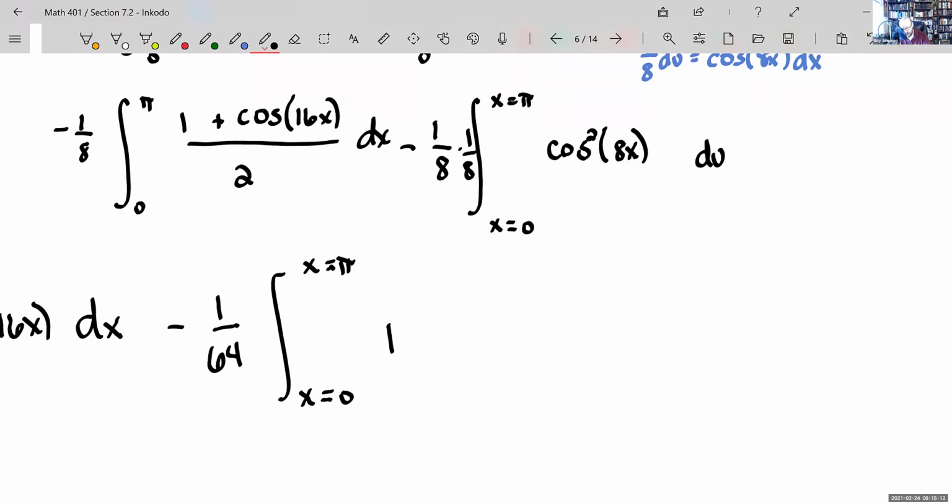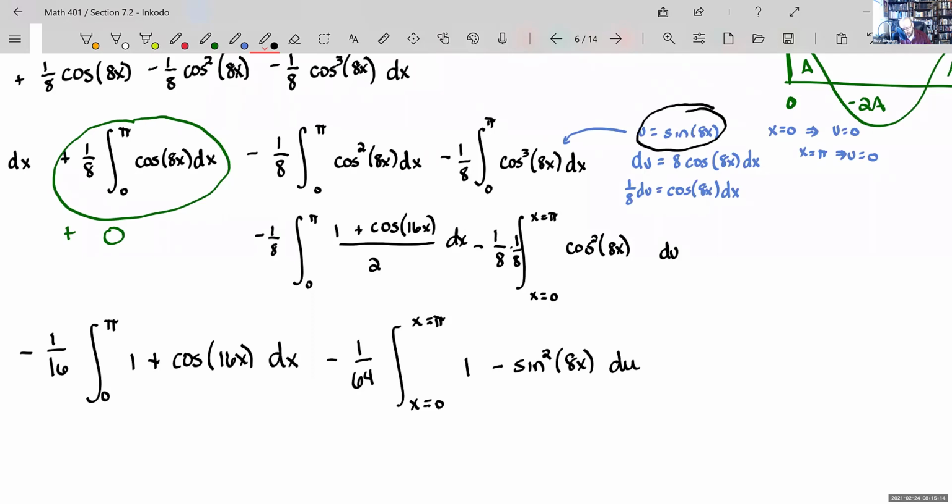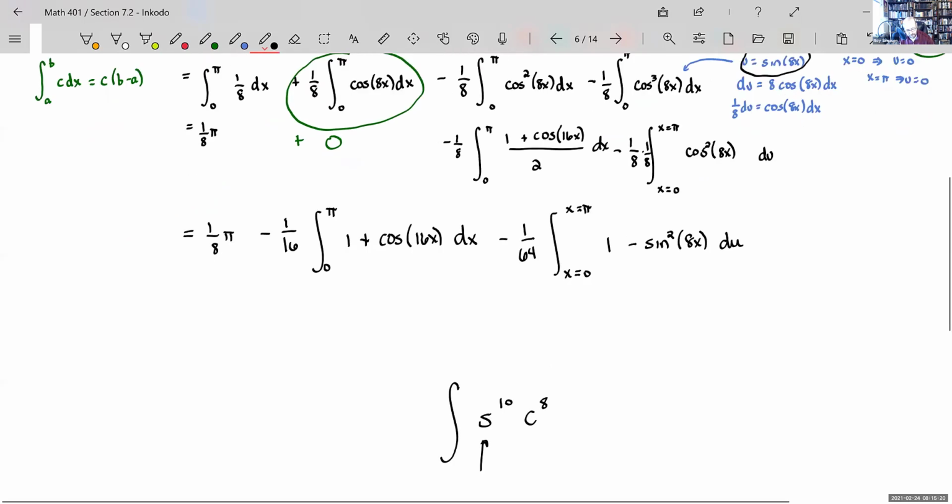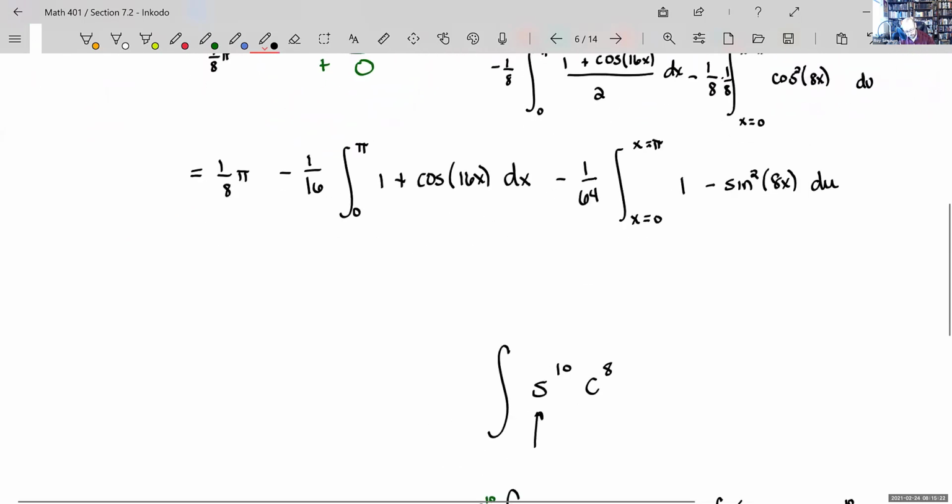And sine of 8x was u. So that's 1 minus u squared. So cleaning this up, 1 over 8 pi minus 1/16.